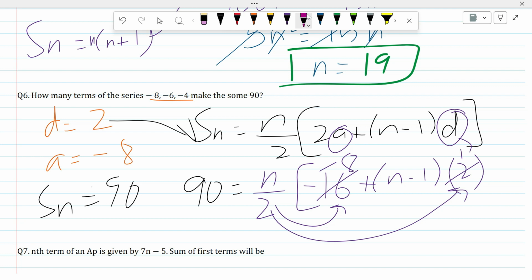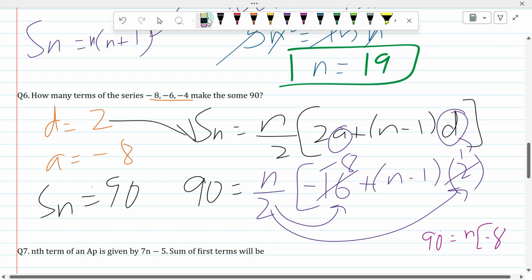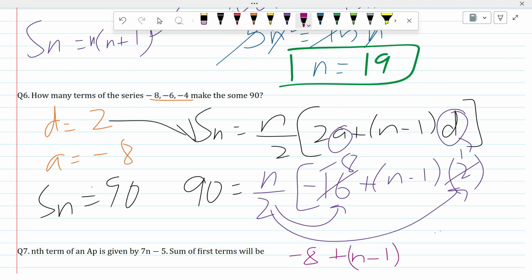Let's move forward. This will become 90 is equal to n into minus 8. Oh sorry, we do not have enough space here, so let's manage. Minus 8 plus n minus 1, right, into n.